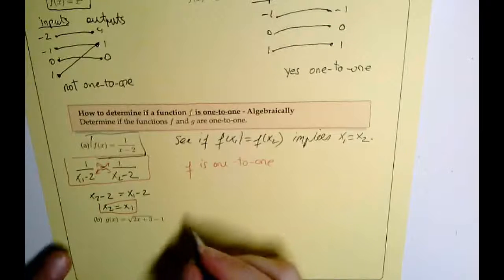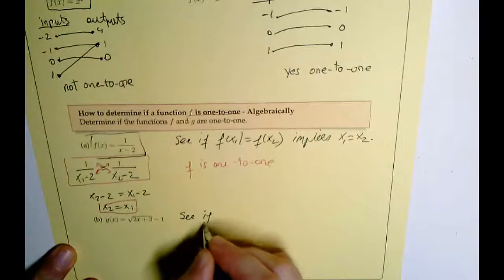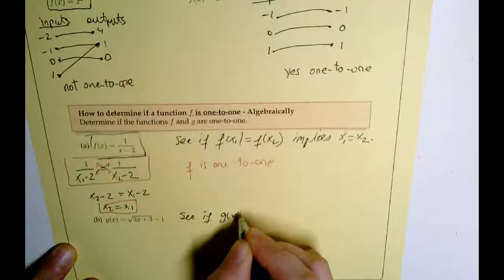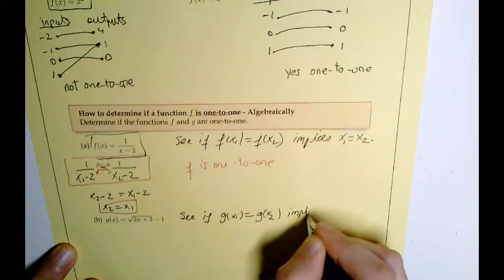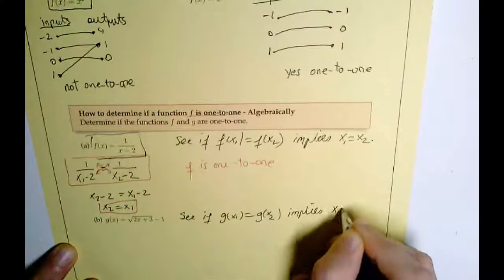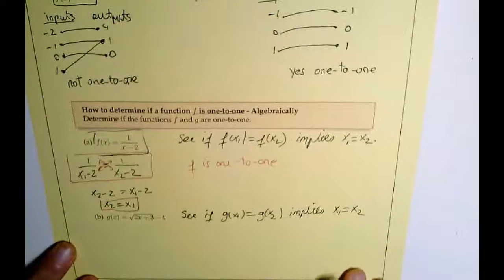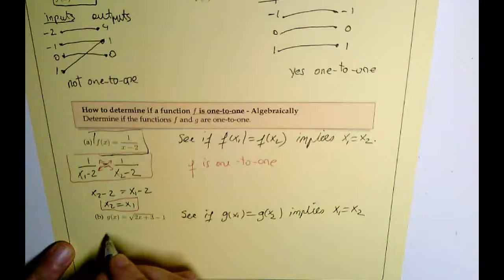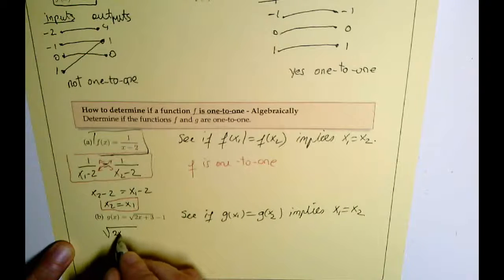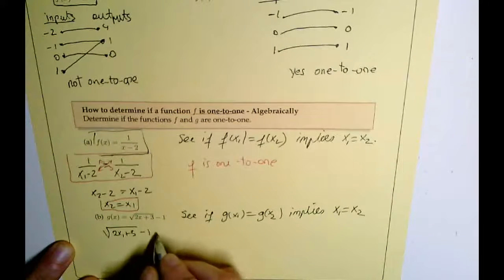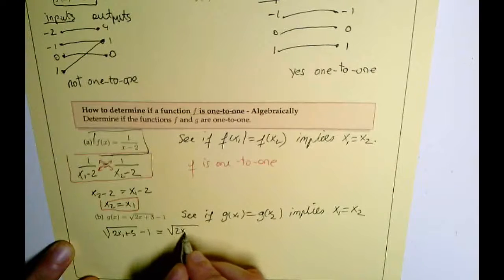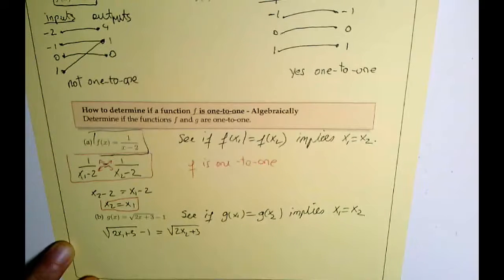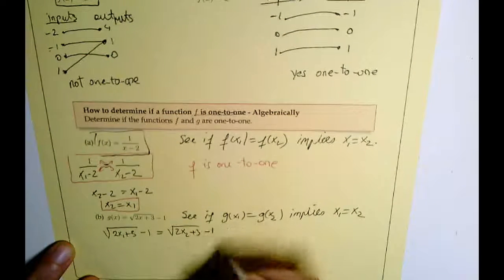Okay, what about for g? So see if g of x1 equals g of x2 implies that x1 must be equal to x2. So let's see, g of x1 is going to be the square root of 2x1 plus 3 minus 1 equals g of x2, so the square root of 2x2 plus 3, minus 1.